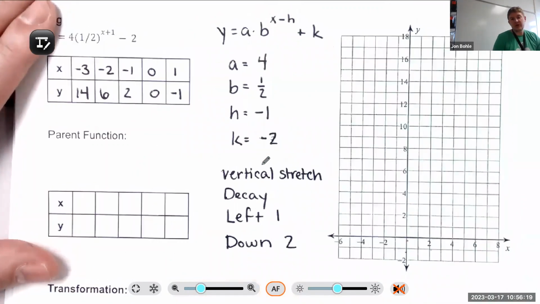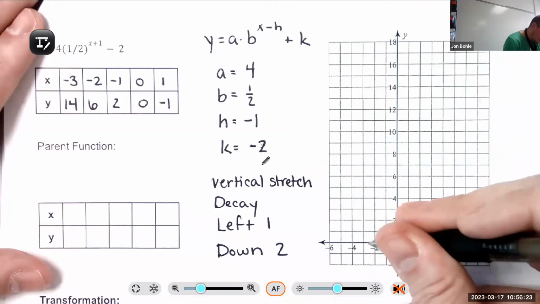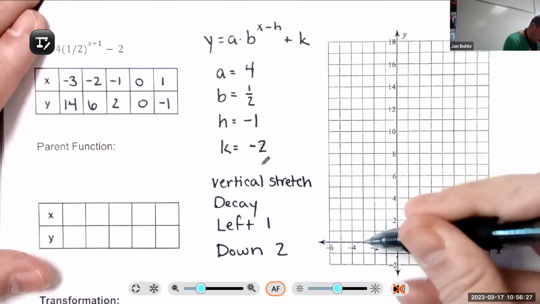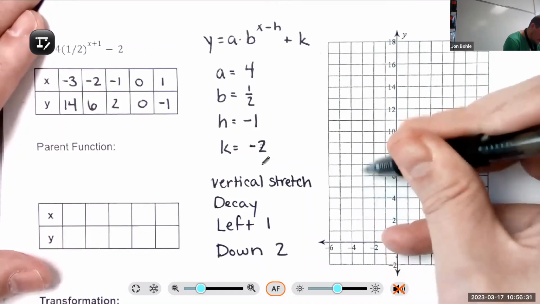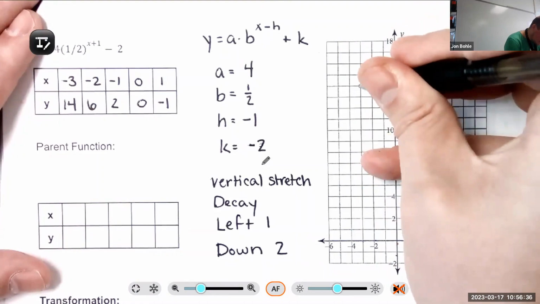Okay, and so now all we have to do is graph this. -3, 14. So X is -3, Y is +14. 1, 2, 3, 4, 5, 6, 7, 8, 9, 10, 11, 12, 13, 14.